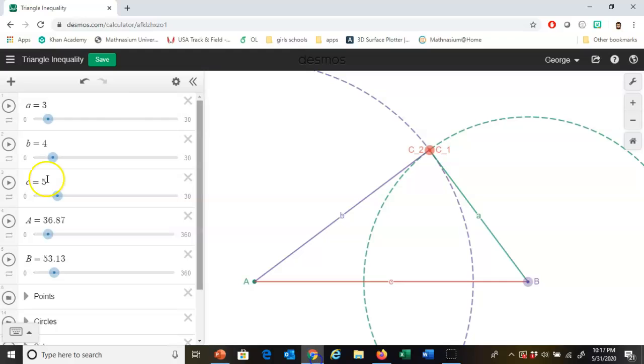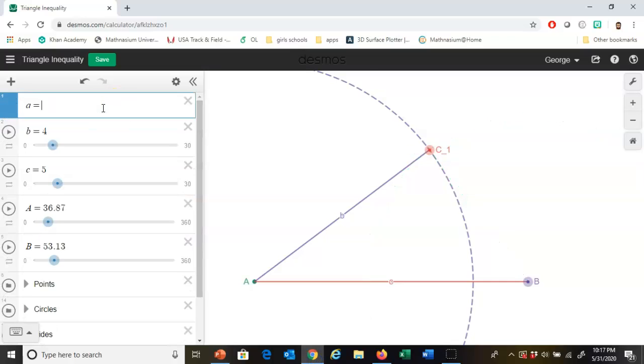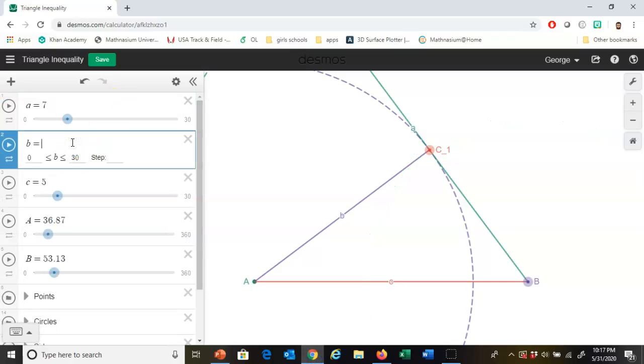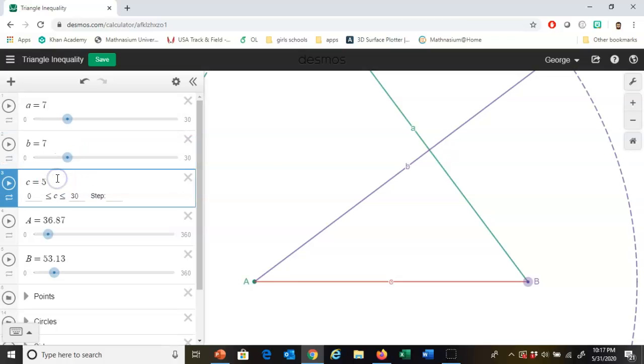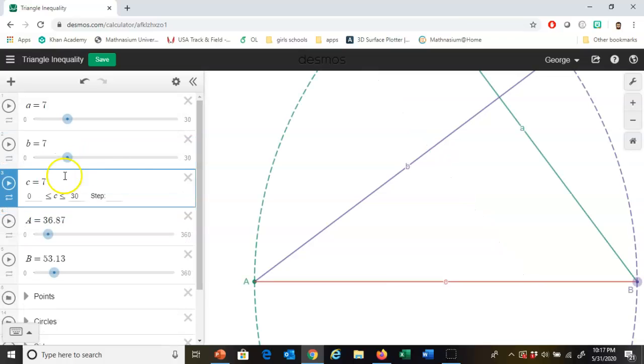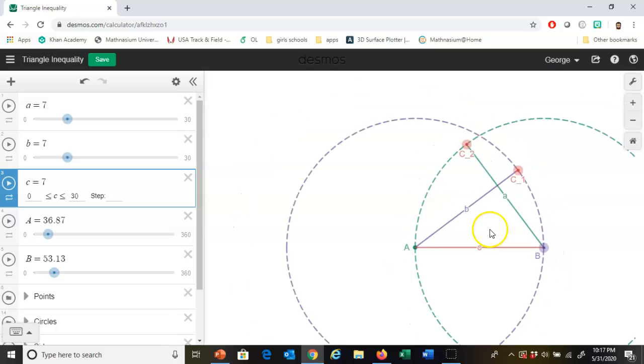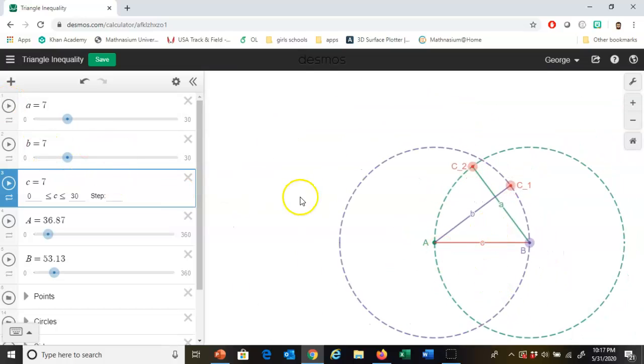Okay, here we go. First one is 7, 7, 7, which is a special kind of triangle mentioned already in this lesson. It is an equilateral triangle. All three sides are the same length. And as we may know from prior knowledge, if it's an isosceles triangle, if two sides are congruent, then the two angles across from those sides are also congruent.